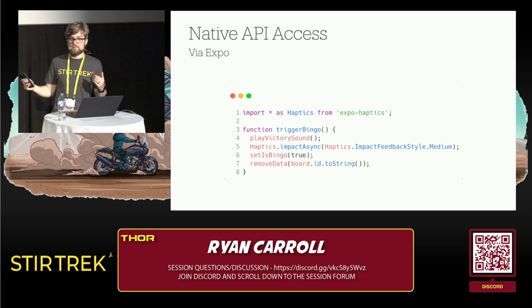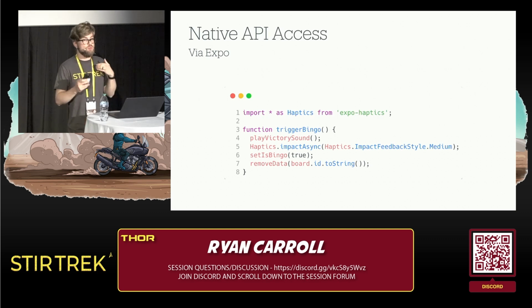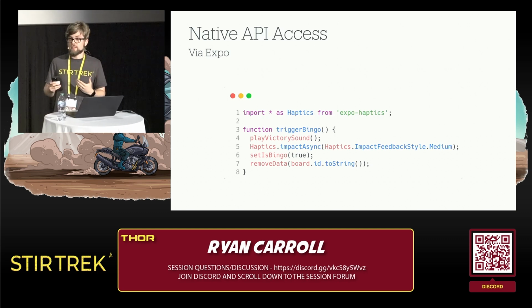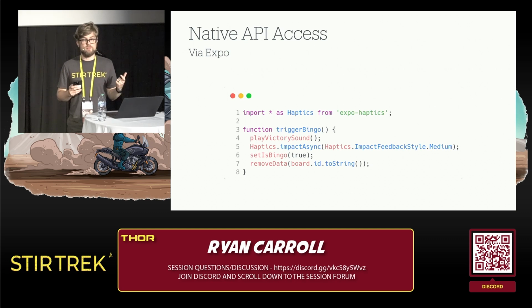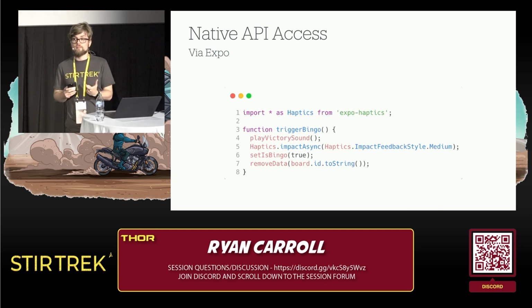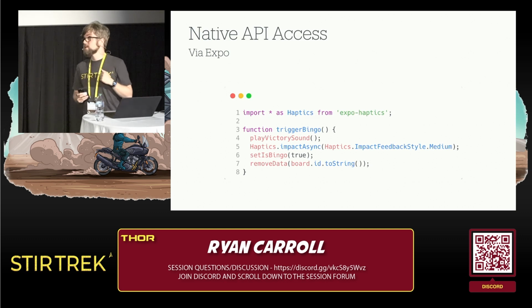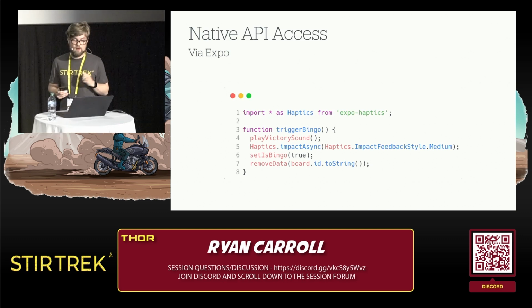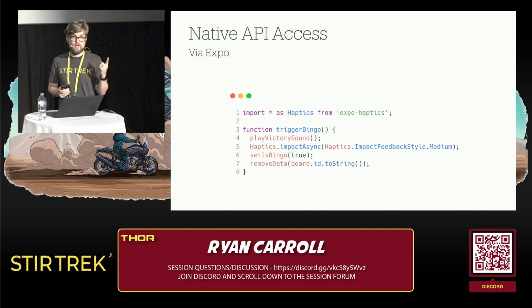So I mentioned the API access. Say that you want to trigger the device to vibrate when something happens. Expo offers libraries to make these things very simple and easy to use and easy to configure. So here I've got a snippet of code, and you can see on line 1, I'm importing Haptics from Expo Haptics.